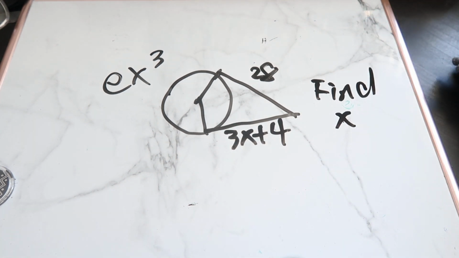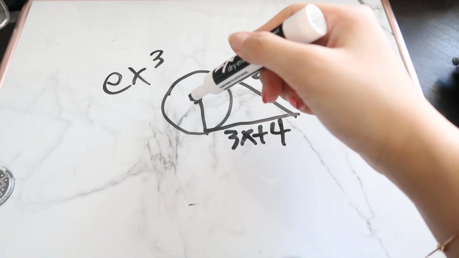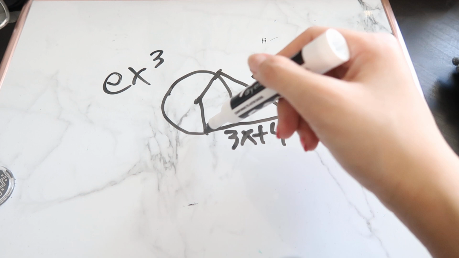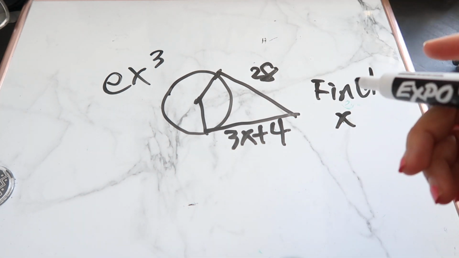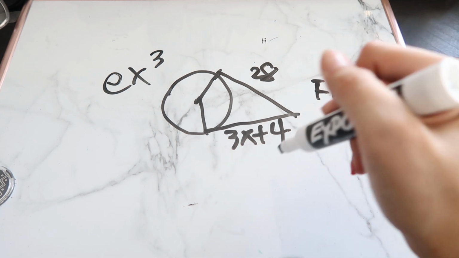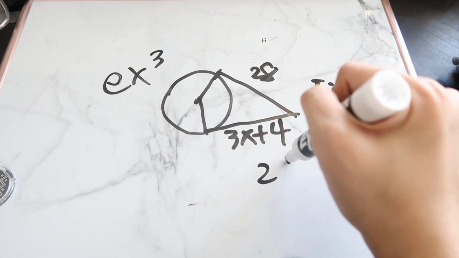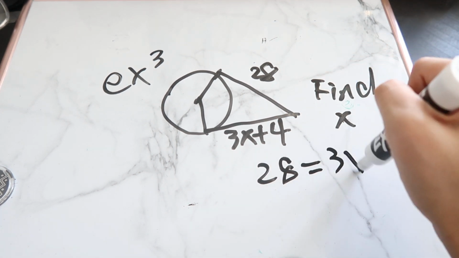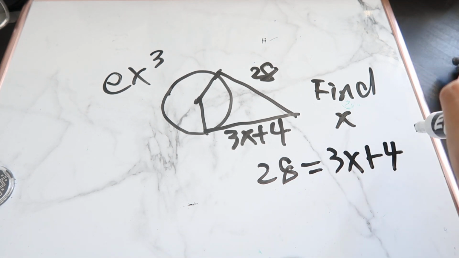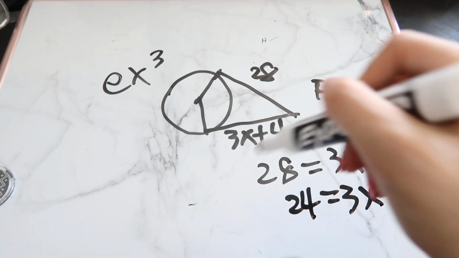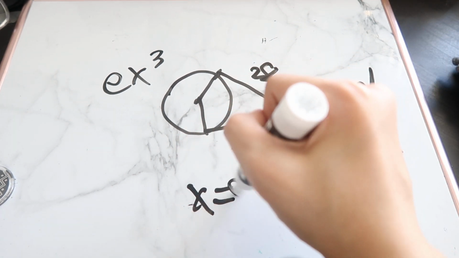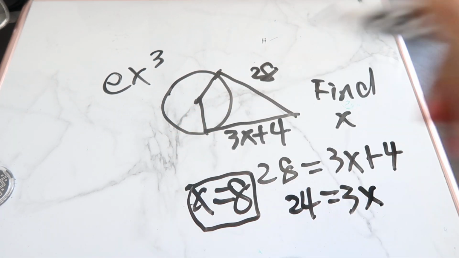Here most likely it's not a right triangle because it has a bunch of sides and you have two tangent segments connecting to the outside. So in this case, we will always set them equal to each other. This is way easier than the last example. It's 28 equals 3x plus 4. Subtract 4 on both sides. 24 is 3x. So divide by 3, x is 8. And that's it.